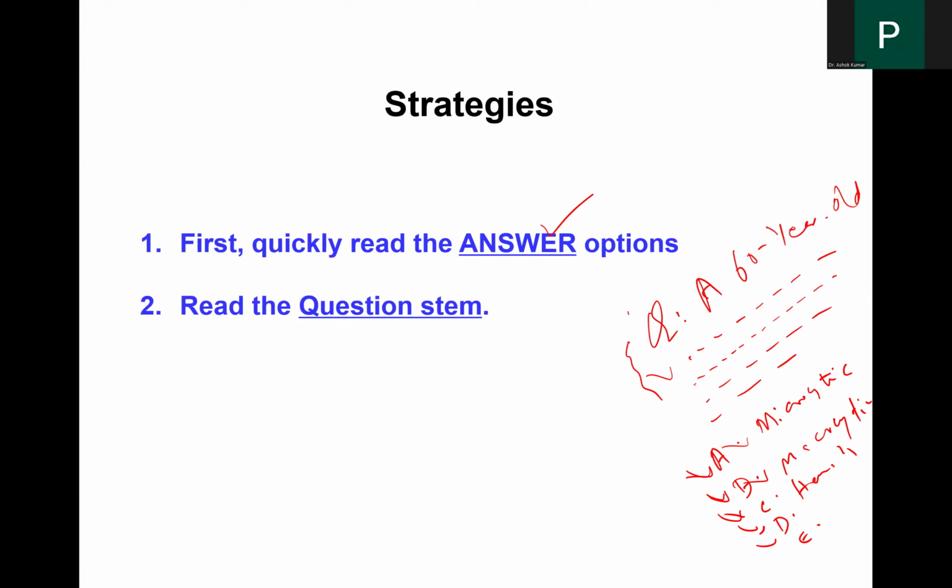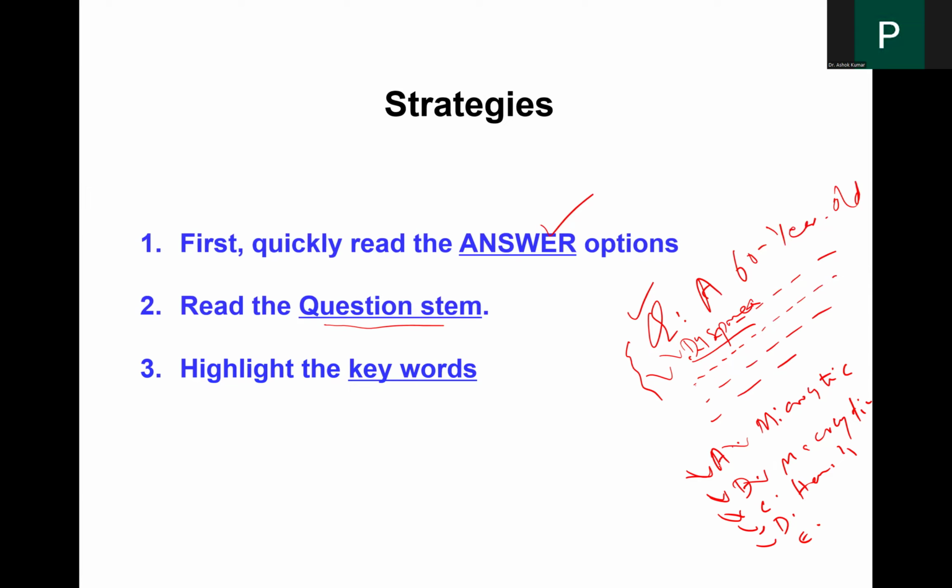Now you start reading the question stem, correct? After reading the question stem, you can highlight the keywords. Then you can highlight dyspnea or breathing problem, because of anemia this happens, right? Now it makes sense. If you had first read the stem instead of the answer options, you would have been focused on respiratory diseases or congestive heart failure.